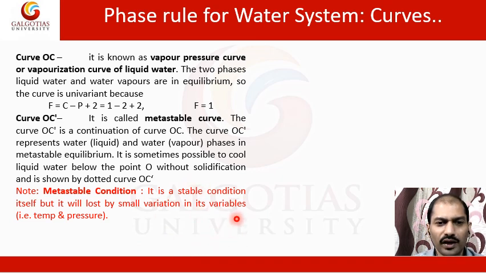If they change even slightly, the metastable condition itself will be lost or will change. So it is very important to check whether this condition will come up at a specific temperature and pressure.